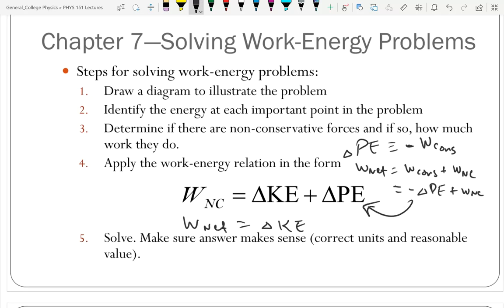And that gives you this equation. So the two are indeed the exact same relation. They're just different ways of writing it. So you use that work-energy relation, and then you solve. And overall, like I said, that's easier because no vectors are involved.